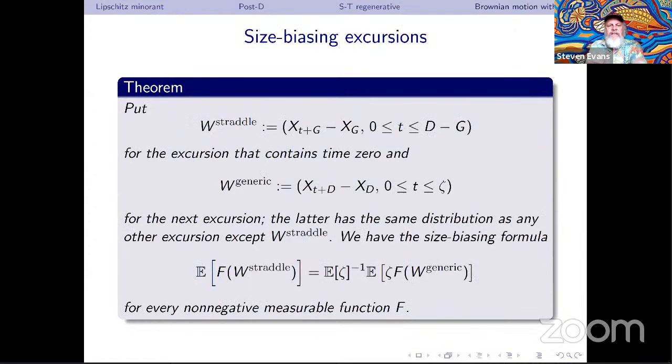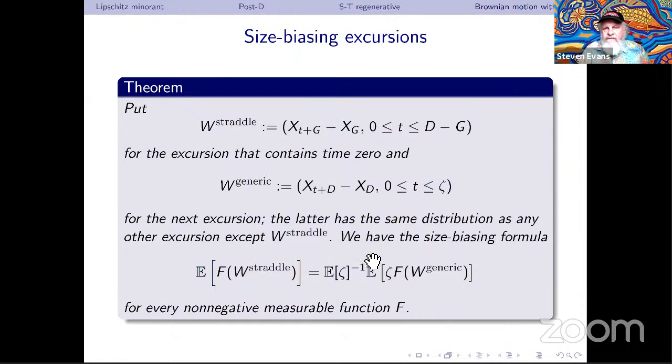And the last thing that I wanted to mention is this has all been about the first positive excursion, which is the same as a generic excursion. And what about the excursion that straddles 0?